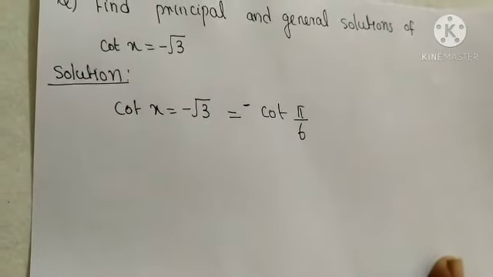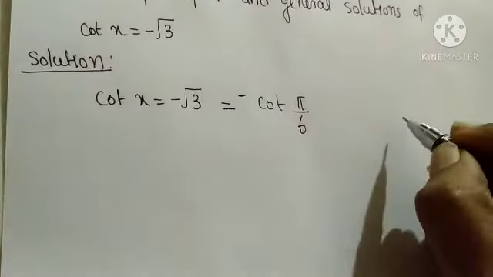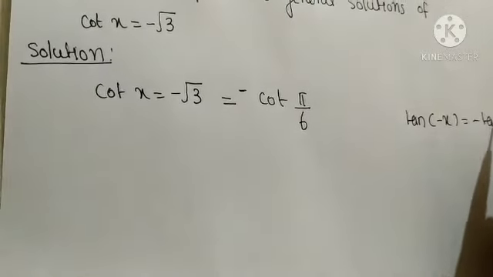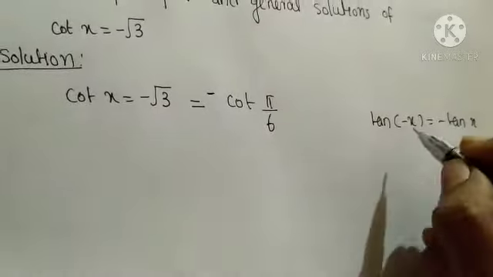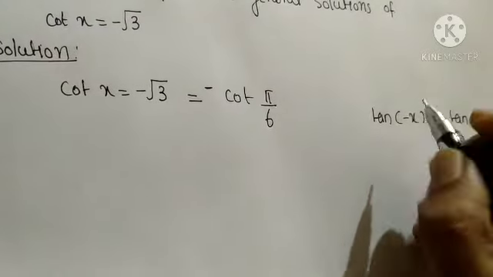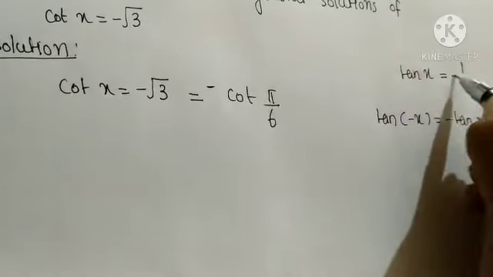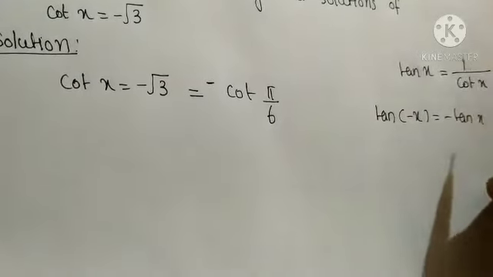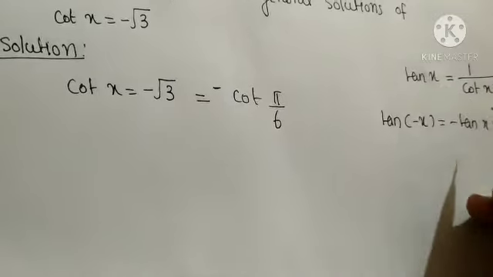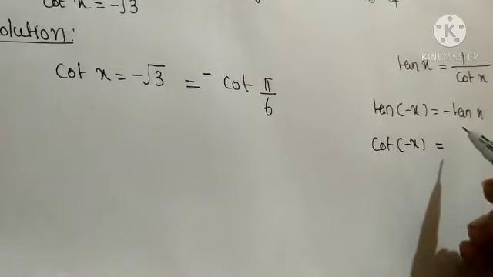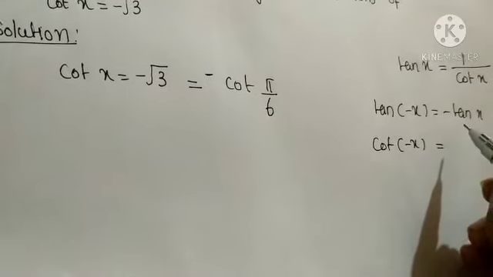Okay. So we know that tan of minus x is equal to minus tan x, right? We know and again we know that the tan x is reciprocal of cot x, or cot x is reciprocal of tan x. So this condition also satisfy in cot trigonometry function also.